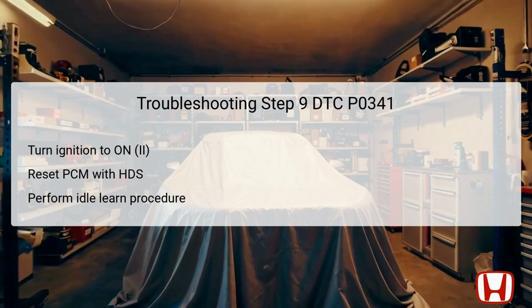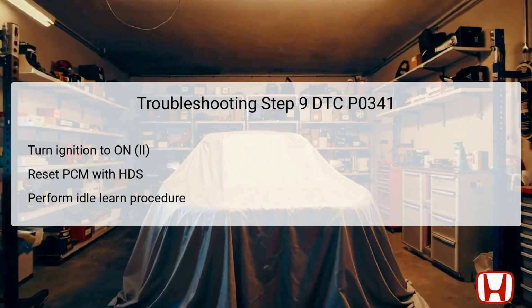Following this, complete the PCM idle learn procedure, which calibrates the PCM to recognize new baseline operating conditions. Additionally, perform the CKP pattern clear and CKP pattern learn procedures to ensure the crankshaft position information is correctly recognized by the PCM.